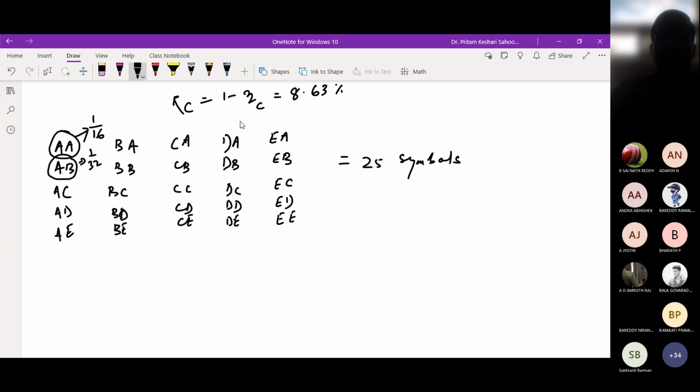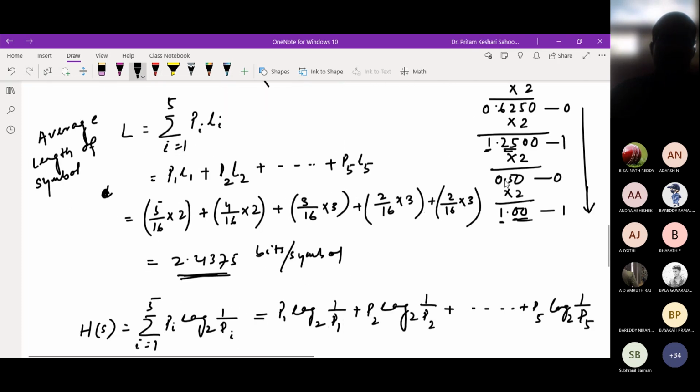Like that, you can calculate the probability of all 25 symbols which are generated by the source after second extension. All probabilities you can find out. Then you follow the same process.